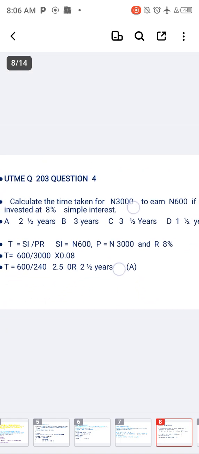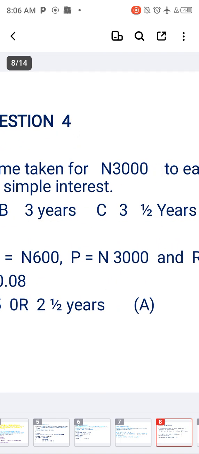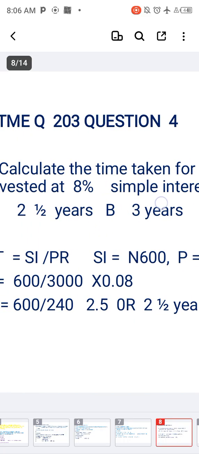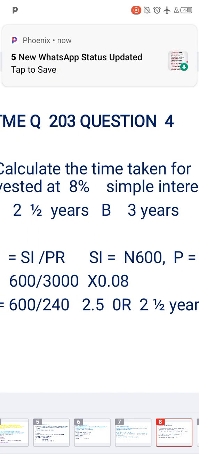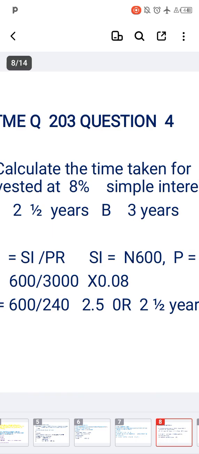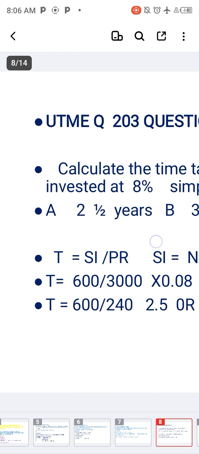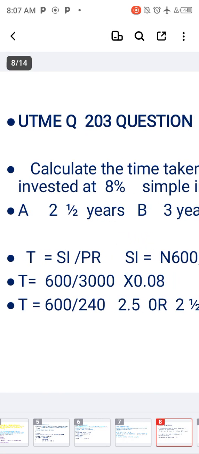These questions are very cheap. Now what we do: time is here, which is t. The formula for finding t is already known. It's already in our brain; we have committed it to memory. The formula for finding the time is simple interest over principal times rate.